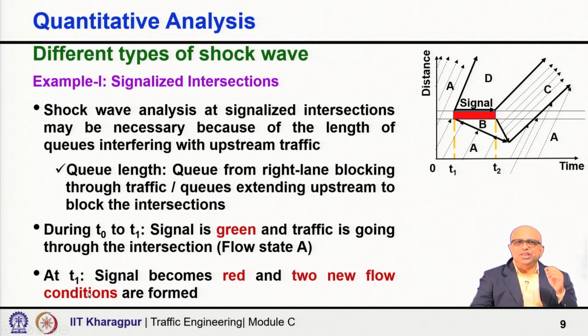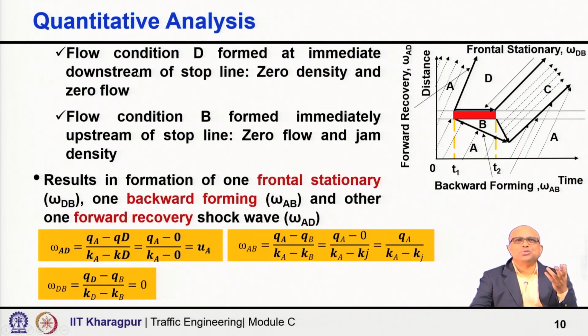Now, at time t1 the signal becomes red, and therefore two new flow conditions are formed. Which are those two flow conditions? One is at the downstream of the signal and one is at the upstream of the signal.